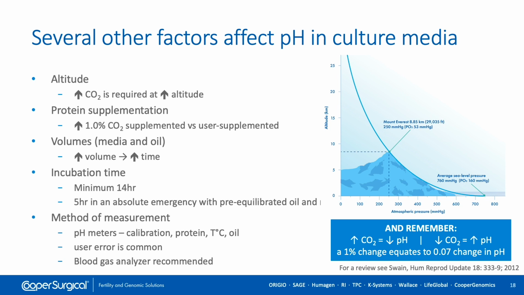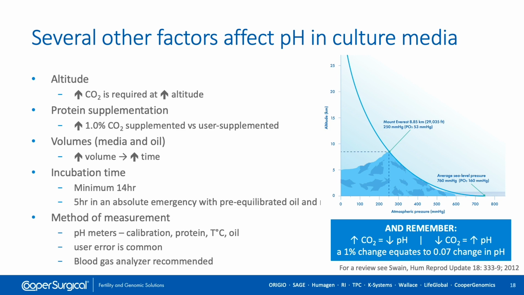I've found, and certainly others have found, that when they travel and measure pH in situ, a blood gas analyzer generally gives better results, more reproducible and more accurate, in the situation of looking at the pH in the drops under oil that the embryos would see, rather than in a surrogate tube that's kept in the incubator, where there is a risk that pH changes very rapidly once you remove it from the incubator.